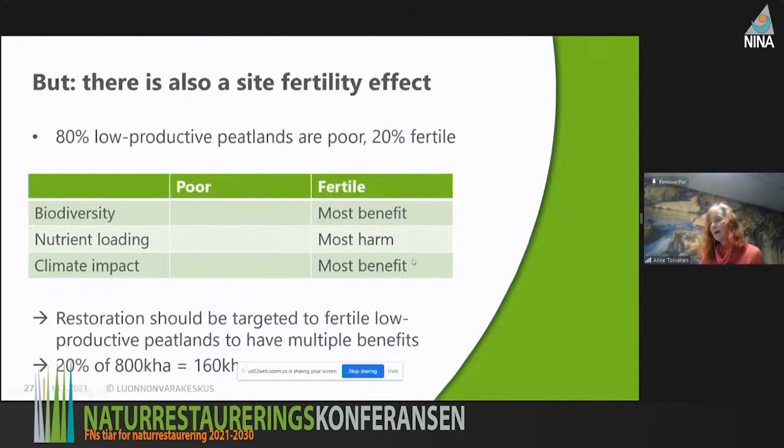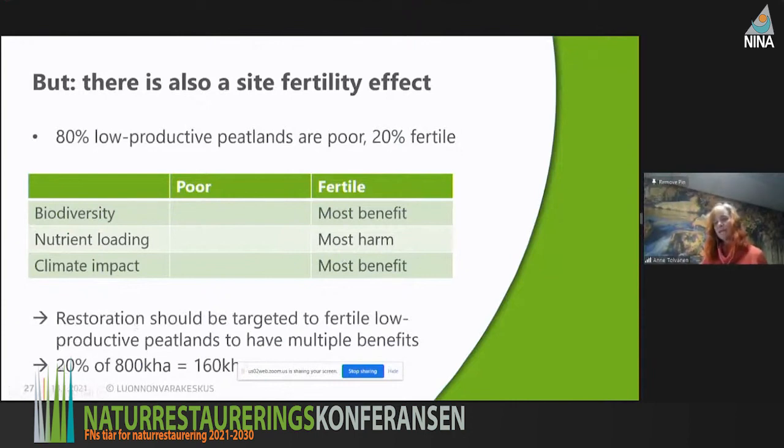And then the climate impact is most beneficial also from these fertile peatlands because in these the peat decomposes most rapidly, and by restoring them, we may not end up in climate neutrality, but at least they will emit less carbon dioxide than they do now. So restoration should be targeted to fertile, low productive peatlands to have multiple benefits.